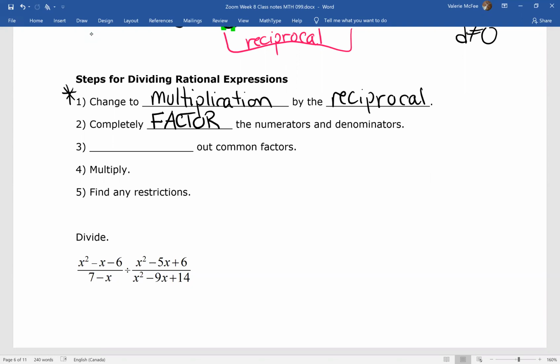Make sure you factor every numerator, every denominator. Then we divide out common factors. Remember, we're looking for common factors, parts that are multiplying, and we're factoring from the top and bottom, not side to side. Finally, we multiply, and because we want practice, we're going to find restrictions.